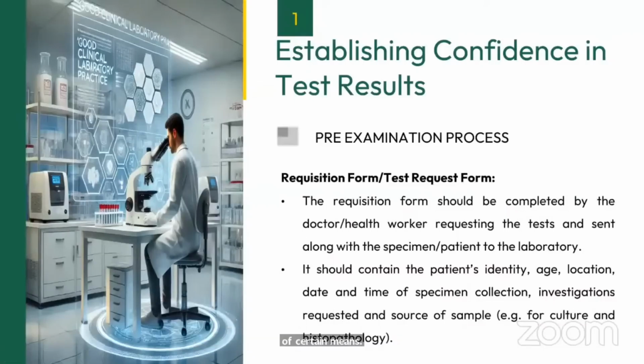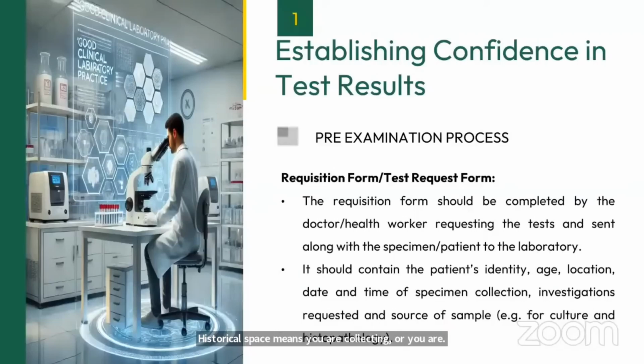As we all know, blood samples, most of the time, are collected from the median cubital vein. So you may not be required to mention the source of the sample. But if you collect blood culture samples, then many times you collect the samples from both arms, so you may have to write down right arm, left arm. Sometimes you are collecting histopathological specimens, retrieving many types of lymph nodes.